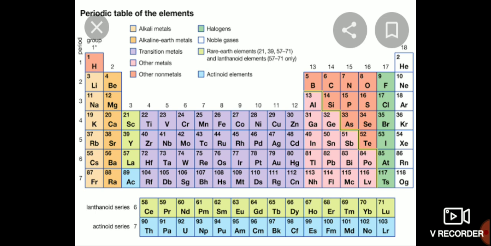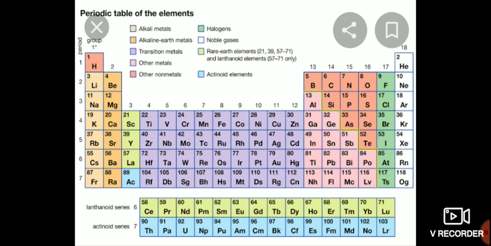So hydrogen shows non-metal, halogen-like properties. Hydrogen has only one electron, and when that electron is lost it forms the hydronium ion H+, like the alkali metals. When hydrogen gains one electron it forms the hydride ion H minus, like the halogens.